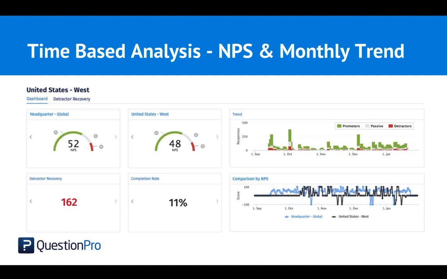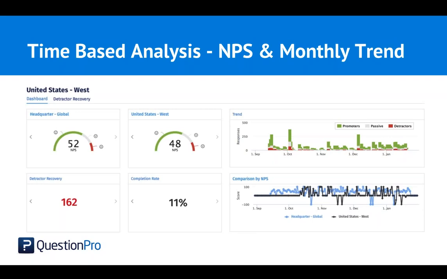So you can see a huge difference between the detractors between October and January, and you can possibly say, historically looking back, I know we did these changes to influence the lowering of the detractors, but at the same time, you're also noting that the number of promoters have actually gone down.